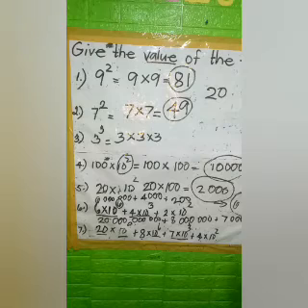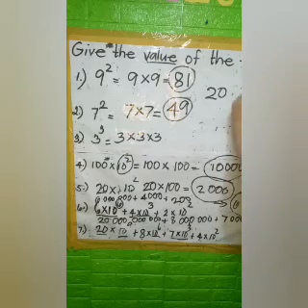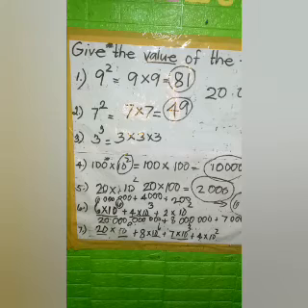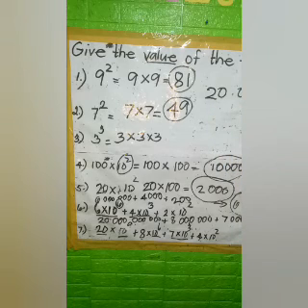Then we have 8 million. Then 7,000. 7,400. So this is the number that we are looking for our number 7. We have 20 billion, 8 million, 7,400.